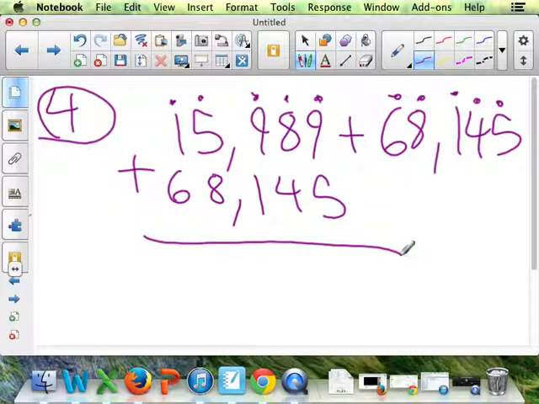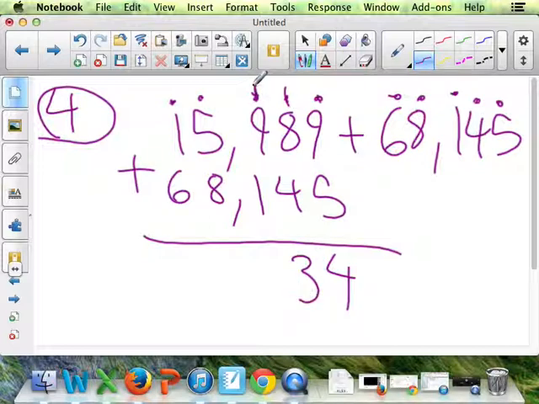And you just add down the numbers. What's 9 plus 5? 14. Carry the 1. What's 1 plus 8 plus 4? 1 plus 8 is 9, plus 4. 13. Carry the 1 again.